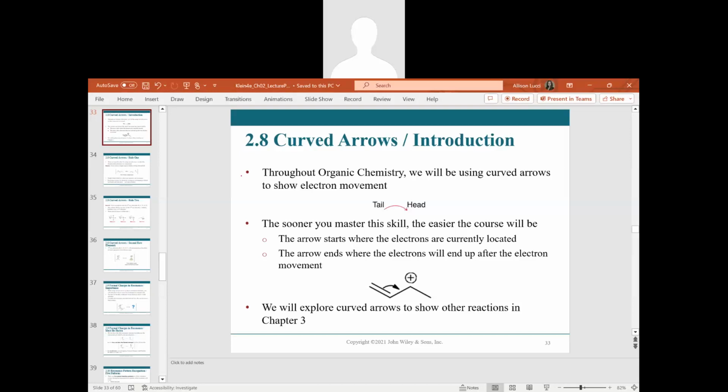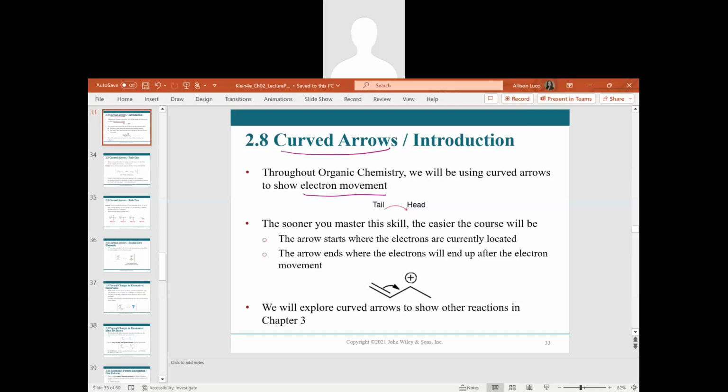In section 2.8, we're introducing what's referred to as curved arrow notation, or curved arrows in general. What these curved arrows will accomplish is showing electron movement. We know from collision theory that two molecules have to collide in order to interact or react.